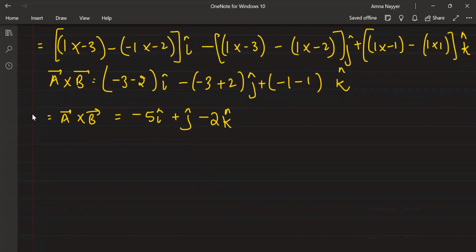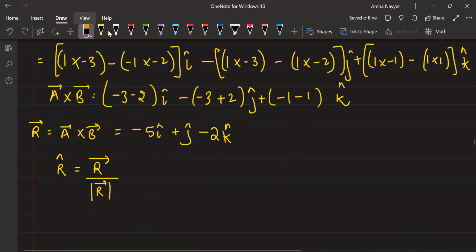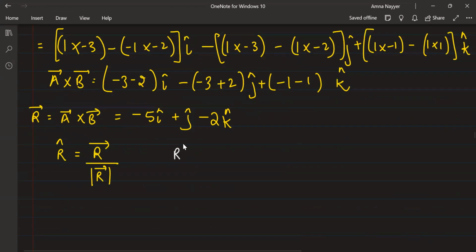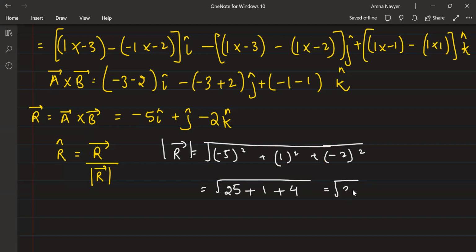Let's say this is the resultant. So the resultant's unit vector will be the vector divided by its magnitude. First, we need to find the magnitude. Minus 5 whole square plus 1 whole square plus minus 2 whole square, which is 25 plus 1 plus 4, equal to root 30.